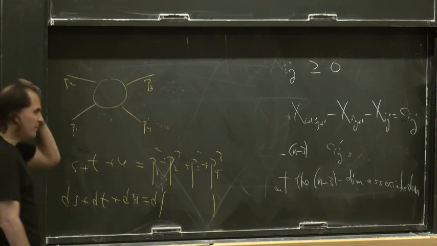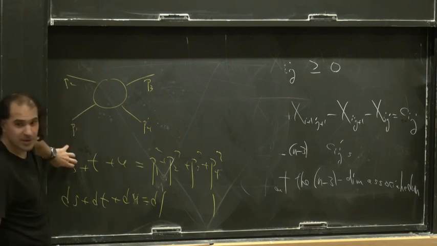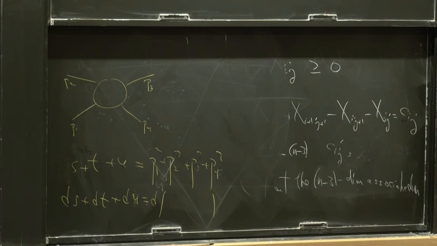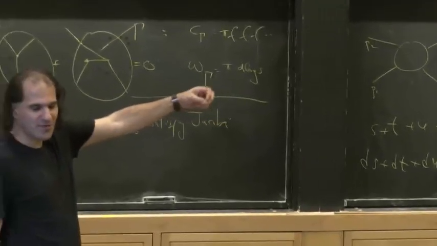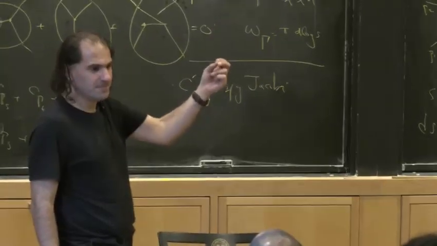Okay, so this basic fact, this basic relation, actually explains that these kinematic forms satisfy exactly the same algebra as color factors. And so, in fact, we can interpret these forms as actually giving us color information.